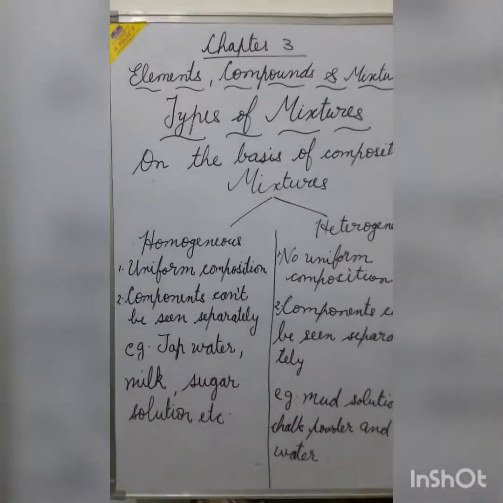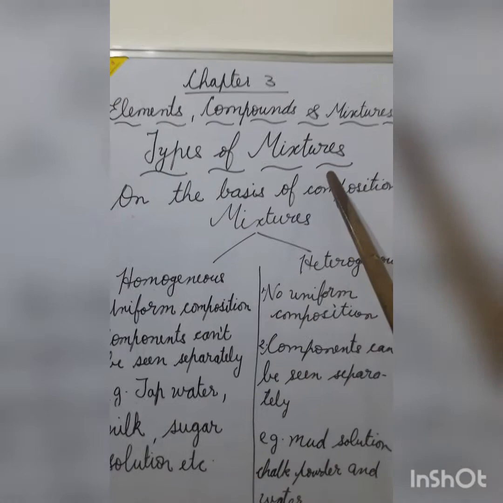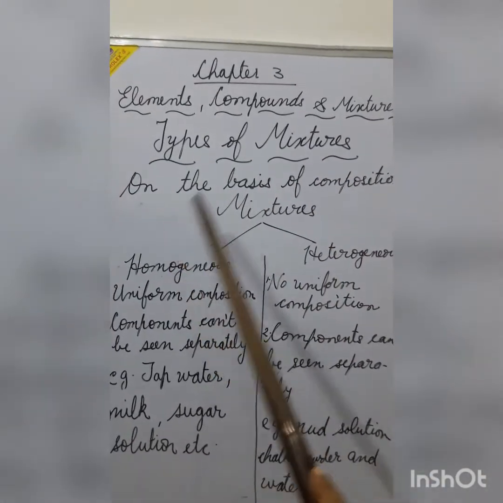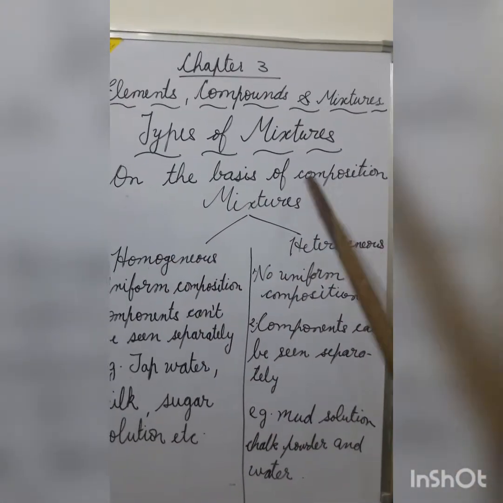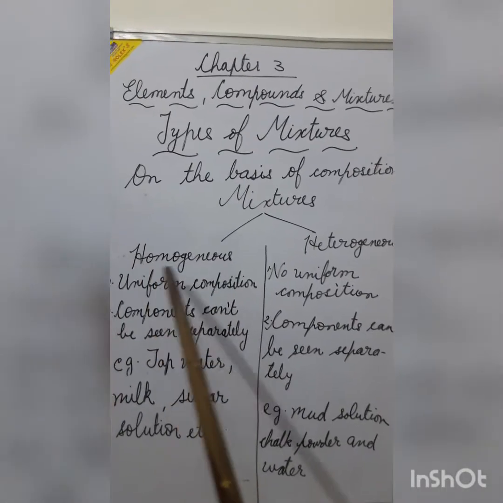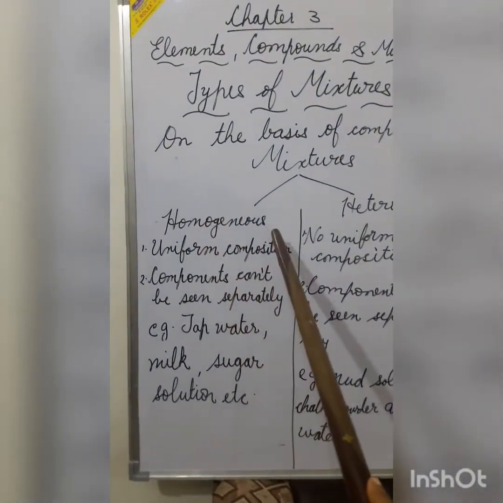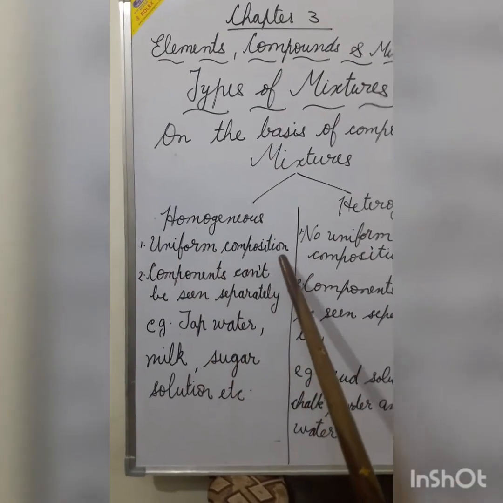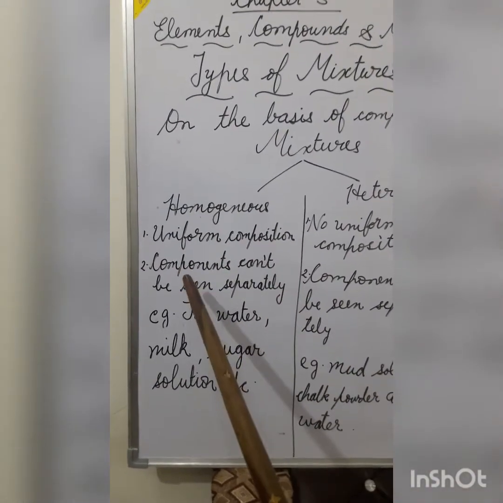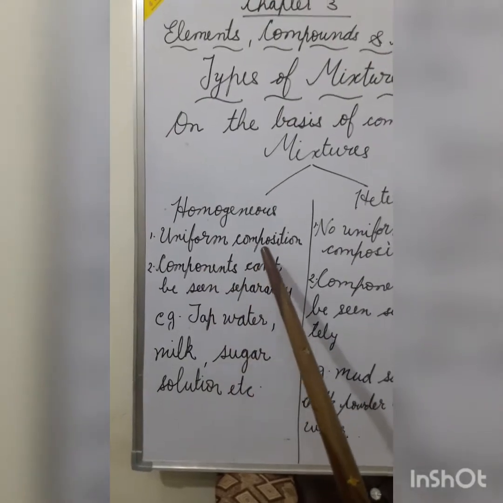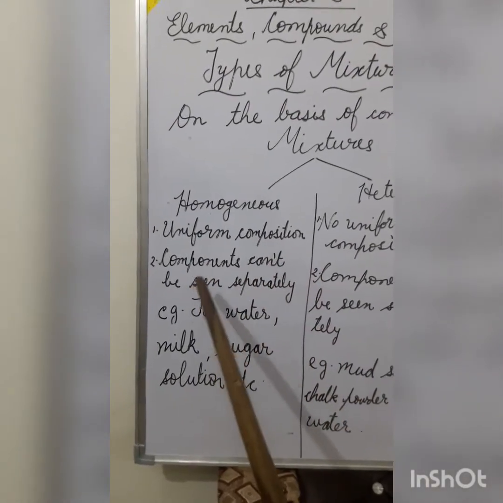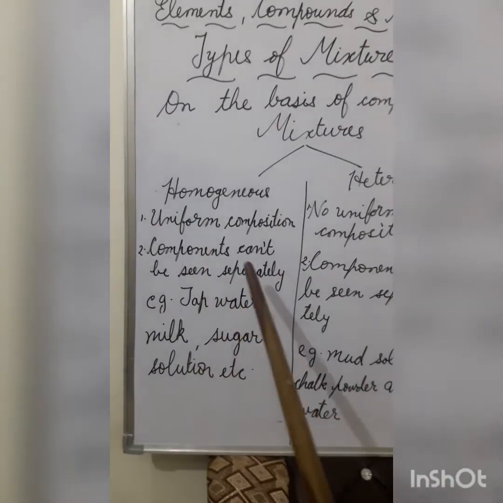Now moving on to types of mixtures. The mixtures on the basis of their composition can be divided into two types, homogeneous and heterogeneous. Homogeneous mixtures have a uniform composition because components are uniformly mixed, and that is why they cannot be seen separately.